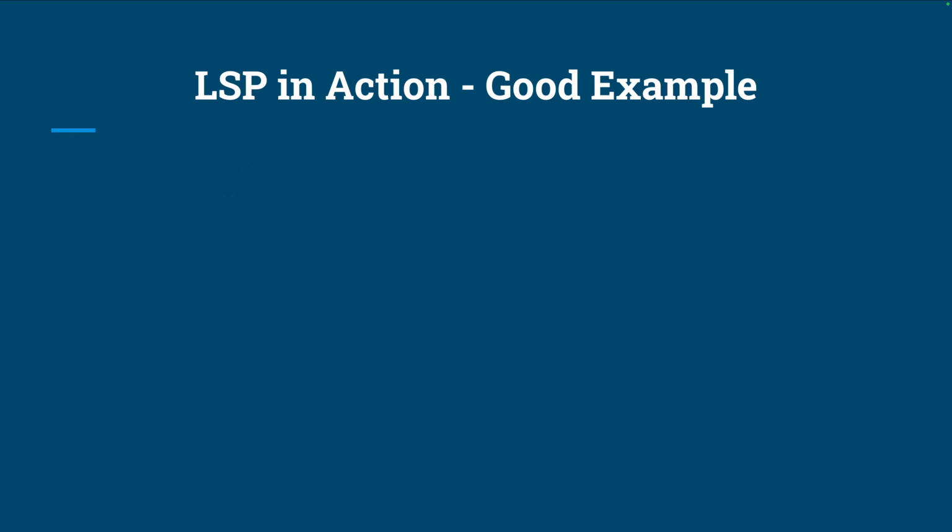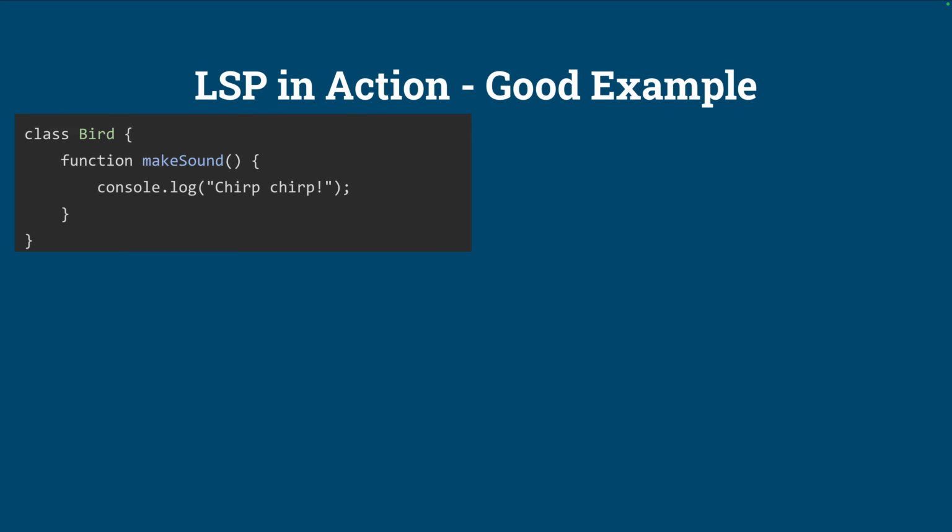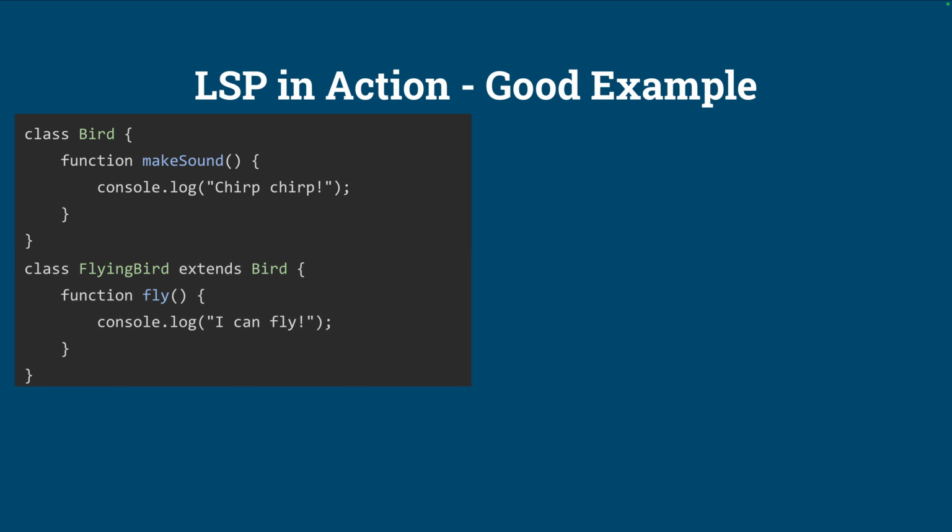Here's the improved version. We start with the basic bird class that just has a makeSound function. Every bird can make a sound, even penguins. Then we create a new class called FlyingBird. It extends Bird and now it gets a fly method. So only birds that can fly, like sparrows or eagles, would extend FlyingBird.